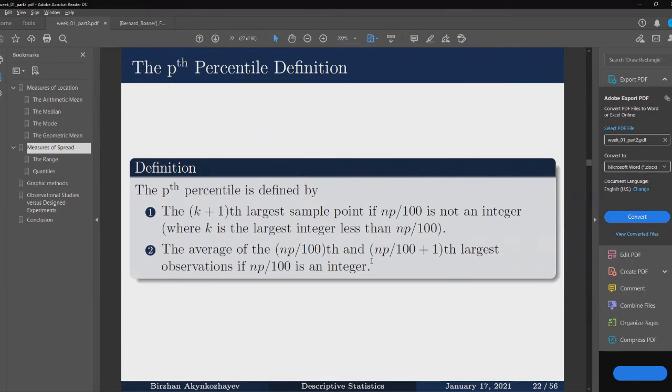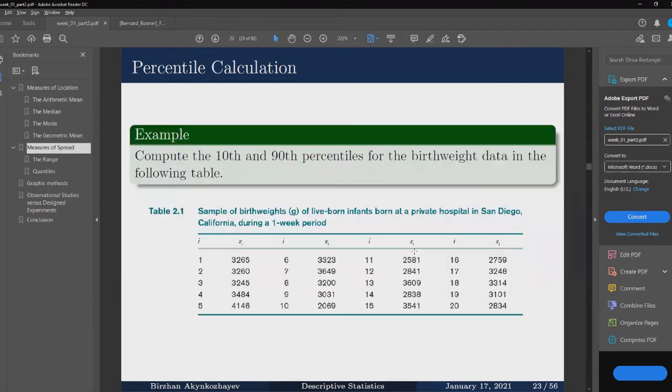In the case when np over 100 is an integer, let's say we are trying to find a 30th percentile. If n is equal to 100, np over 100 is then equal to 100 multiplied by 0.3, which is equal to 30. Then our 30th percentile is going to be average of 30th and 31st largest observations.